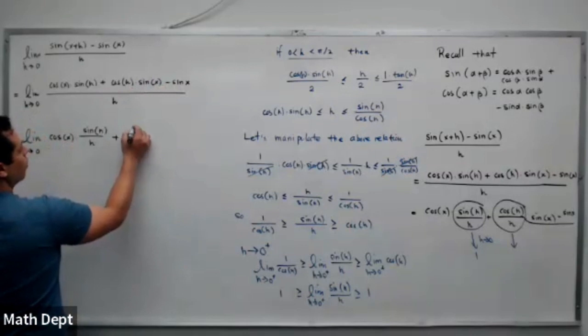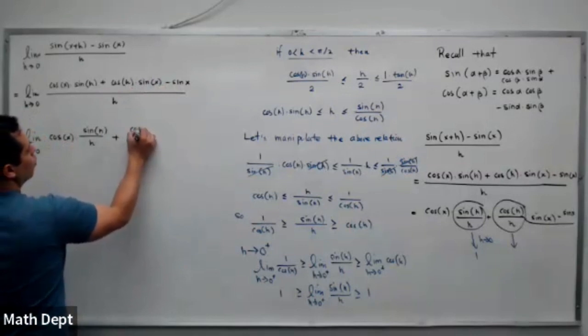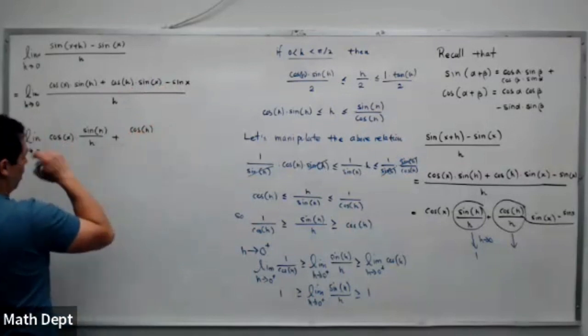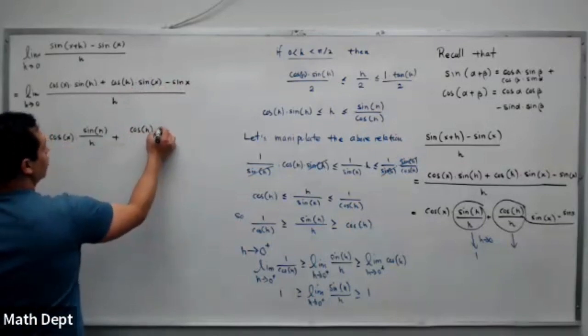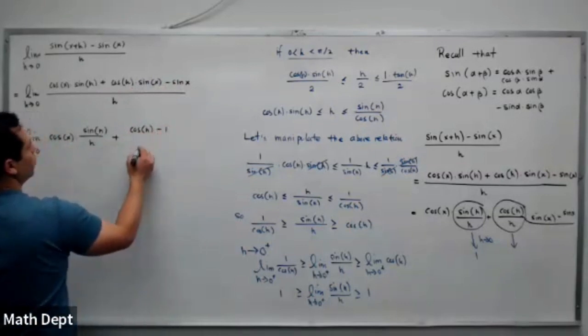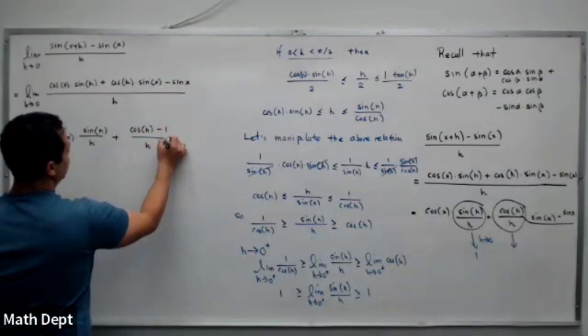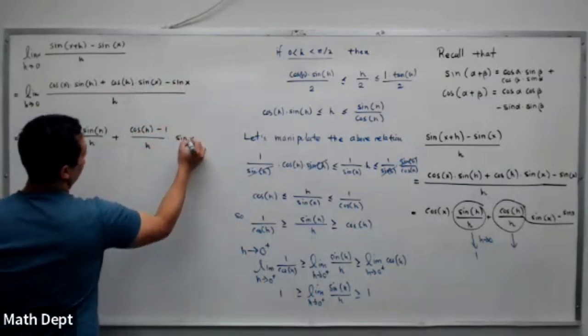So I have cosine of h minus 1 over h times sine of x.